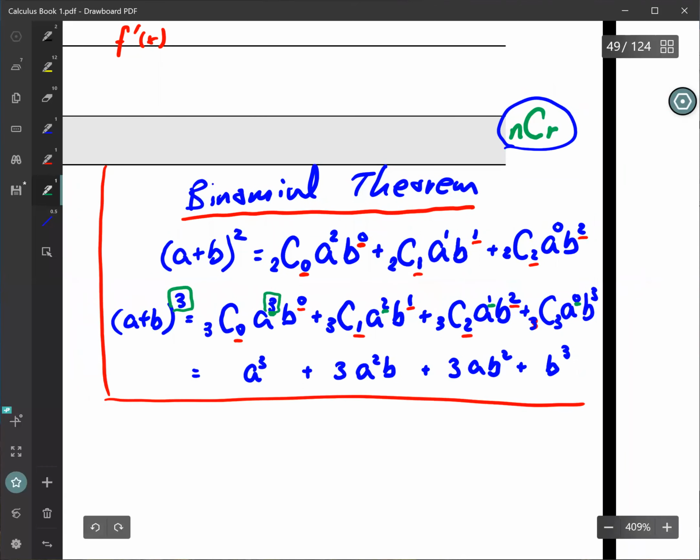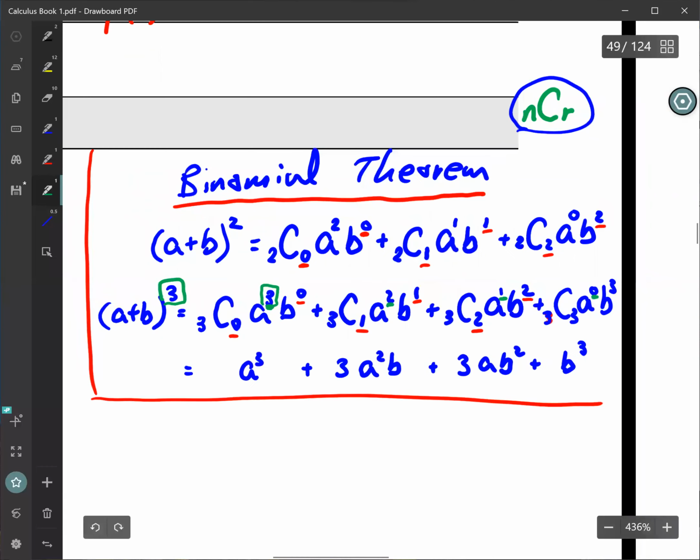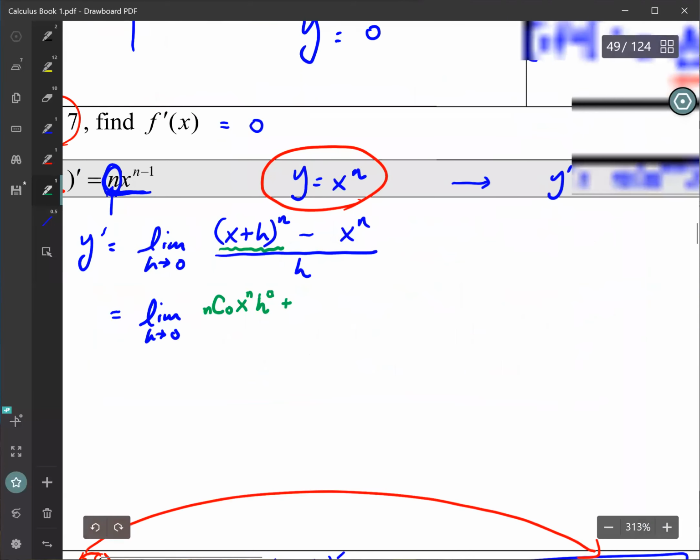So is it the why we use this that you're confused? I guess so. Okay, so the theorem is to help us expand the terms, right? Instead of doing FOIL or distribution, we can get the final answer directly without expanding. So A can be anything, right? A just represents the first term. B represents the second term. Instead of A and B, we have x and h.